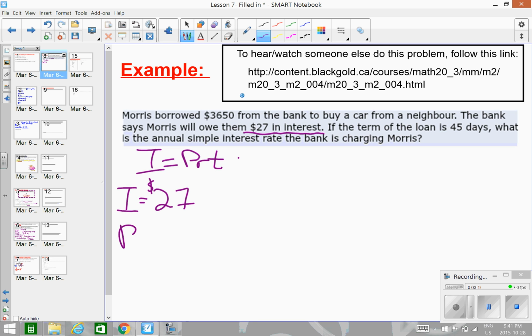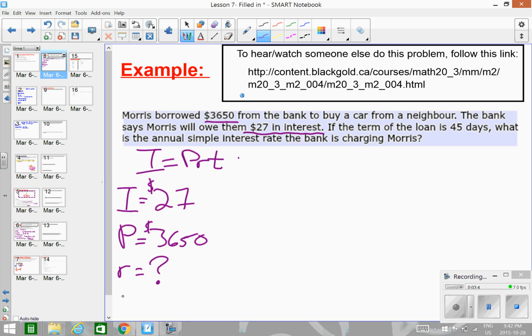The principal, how much was the loan for? He borrowed $3,650. All right, the interest rate. Oh, that's what we're looking for. What is the annual simple interest rate? That's what we're looking for.